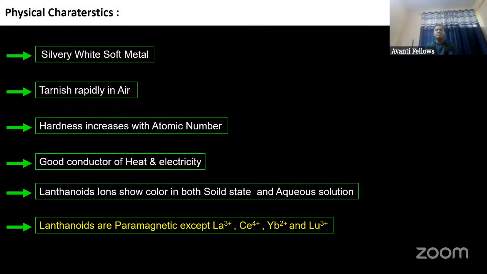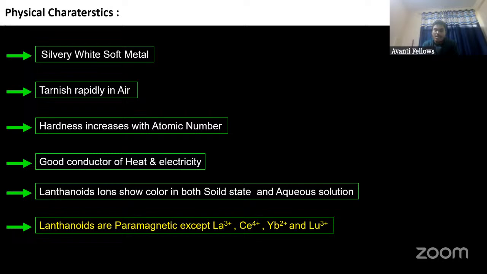Now, what are the physical characteristics? They are all silvery white soft metals. They tarnish rapidly in air. Hardness increases with atomic number, meaning as the atomic number increases, the hardness also increases. They are very good conductors of heat and electricity. Lanthanoid ions show color in both solid state and aqueous solution.